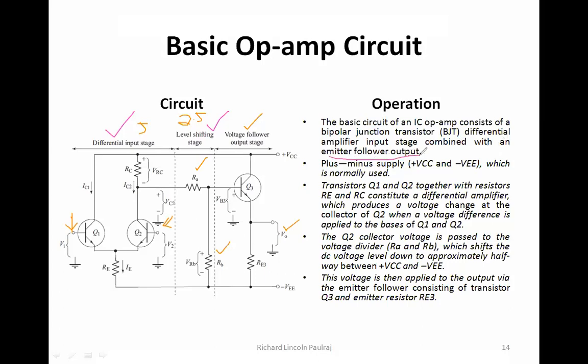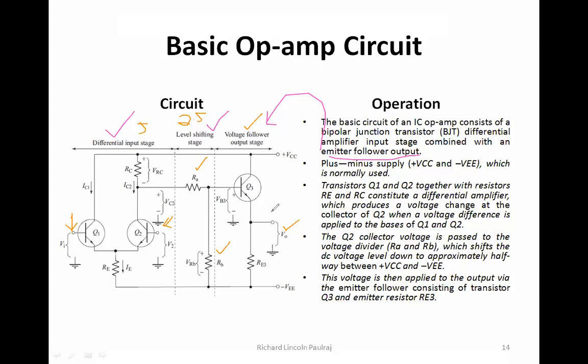This emitter follower output is another term used for the voltage follower output stage. Both are the same. To confuse you, I might ask in the question paper to construct the basic circuit of an op-amp with an emitter follower circuit. So do not get confused. Emitter follower output is nothing but your voltage follower output stage.